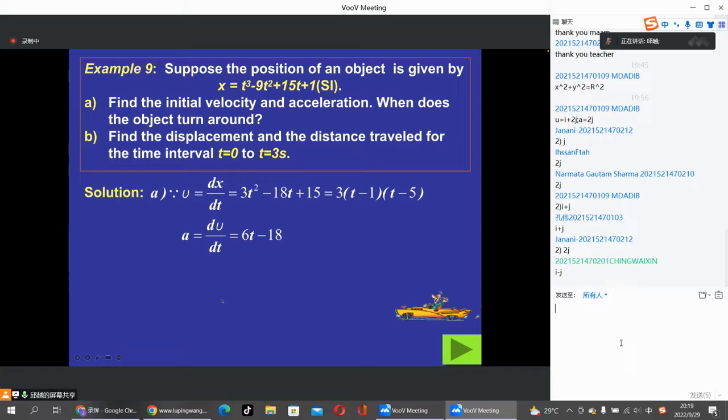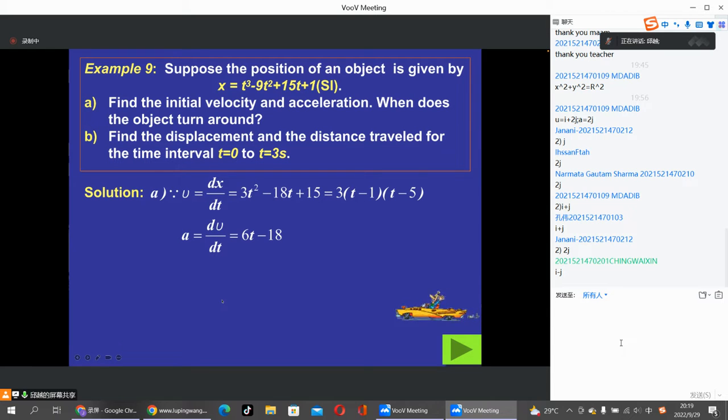The velocity is expressed by dx/dt equals 3t squared minus 18t plus 15. And a is expressed as dv/dt equals 6t minus 18.